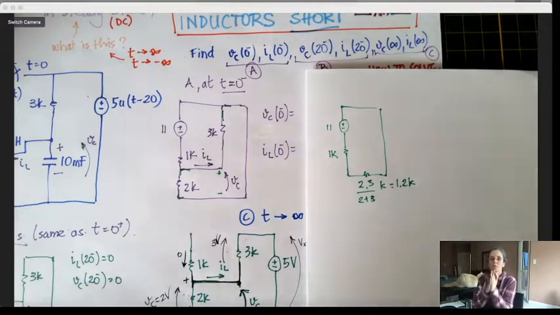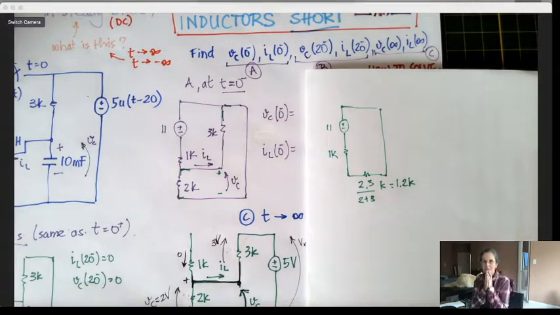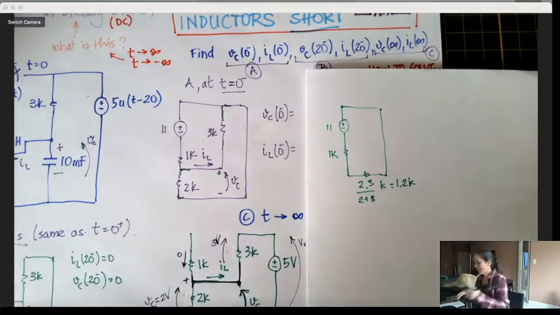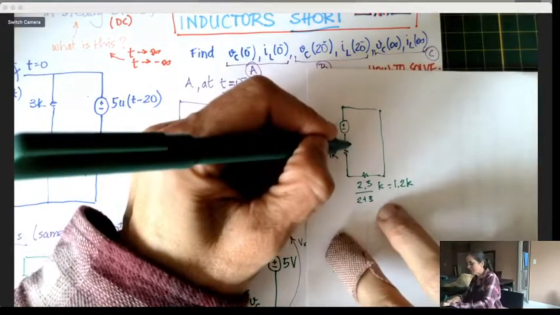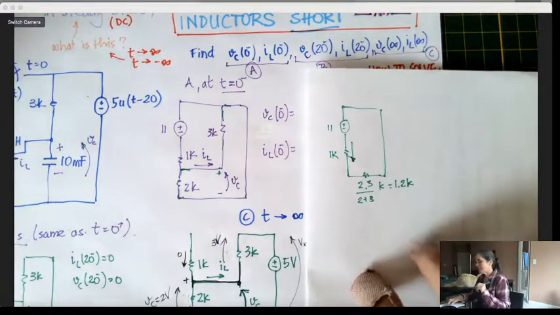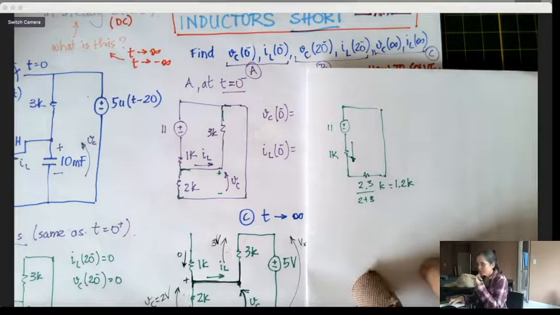I am losing both IL and VC in this case, but my plan is to use current division. And I'll get back to that. For now, wait until I find a current here. So actually, the current's going the other way.